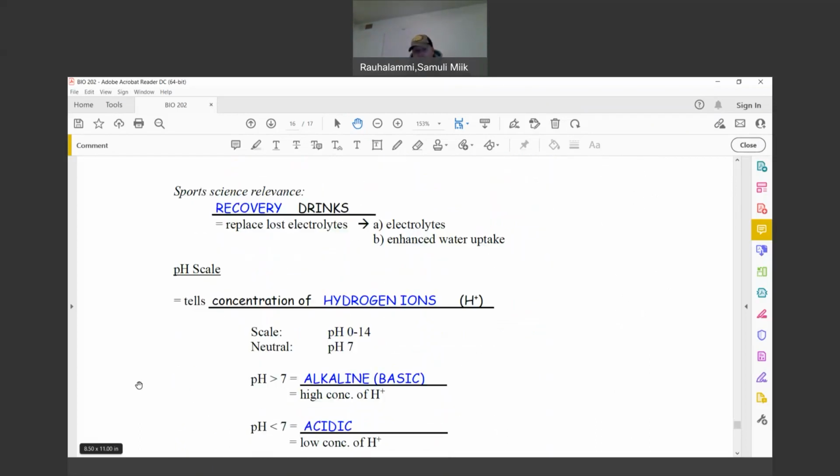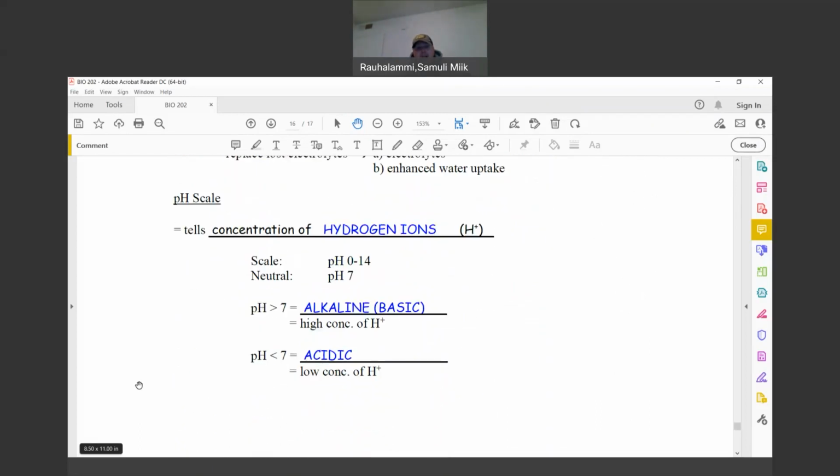We also talked a little bit about the pH scale, noticing that the H letter there stood for hydrogen. So the pH scale tells the concentration of hydrogen ions, ranging from 0 to 14, with a middle number around 7. And you can be either too alkaline or basic, or too acidic.